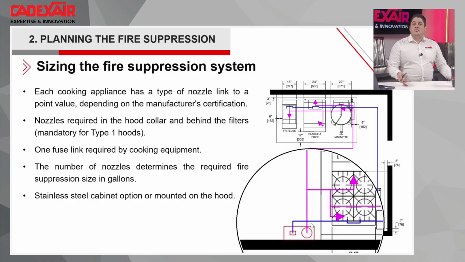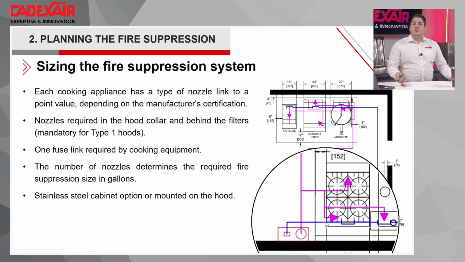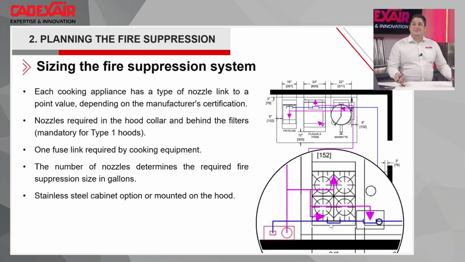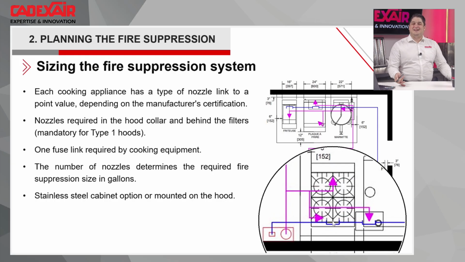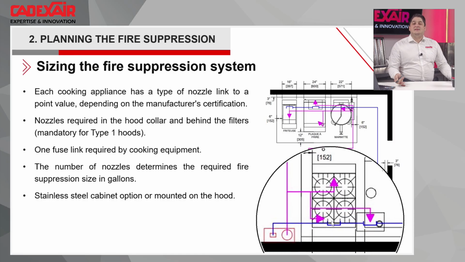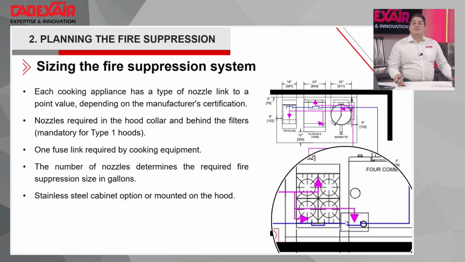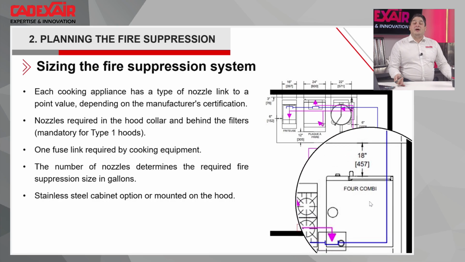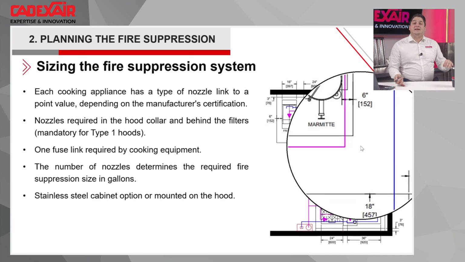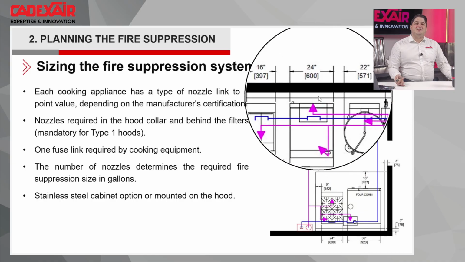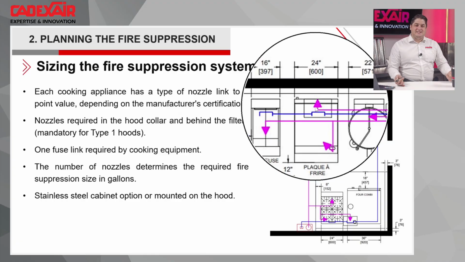So if we go through it, you've got your detection line. You have a fire stat. You've got your fire link right over the cooking appliance. You also have one inside the duct collar. After that, we get out of the hood with the detection line, a wire that is linked to the fusible link inside the hood.